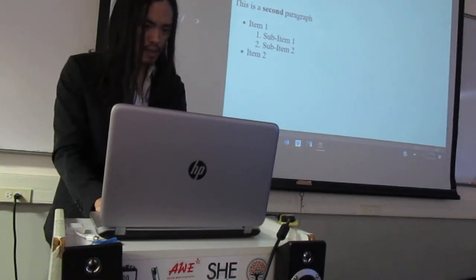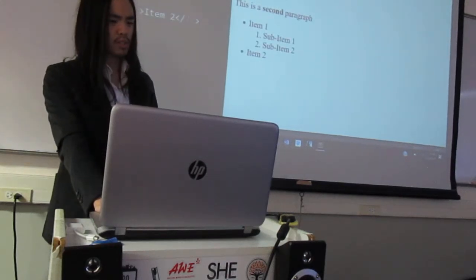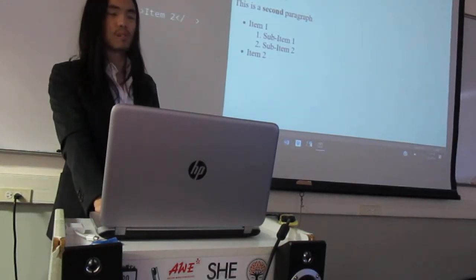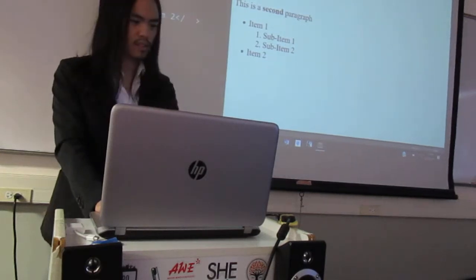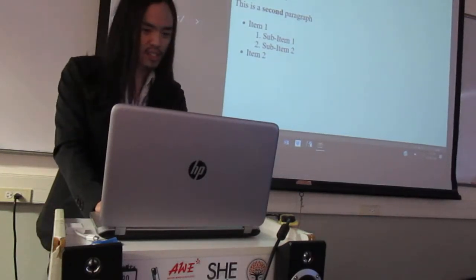And indentation is good practice, by the way. So now, let's see what this gives us. So now we have the ordered list as a sublist within the unordered list.